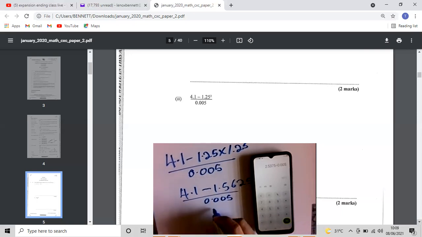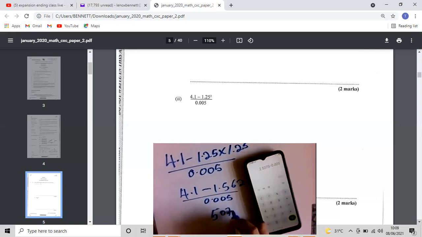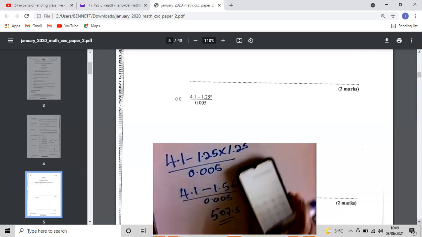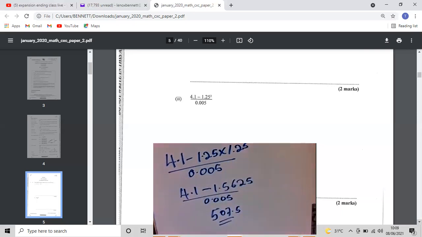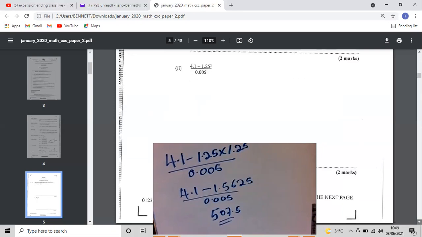And there you have it. The answer is 507.5. All right, guys. So that's very easy going.